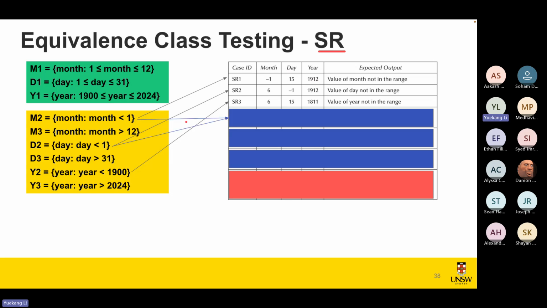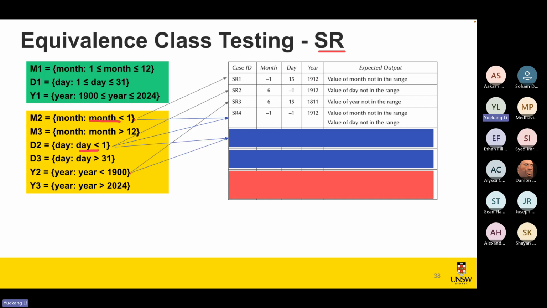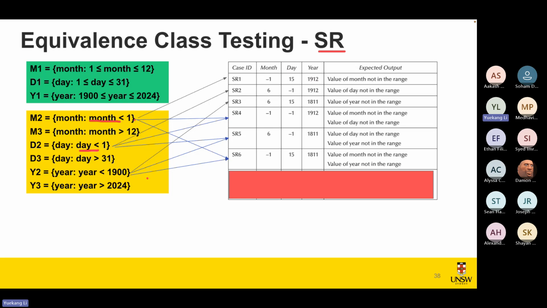We can combine months smaller than 1 and days smaller than 1 in the invalid equivalence class, and we can get this. And if we combine day and year, we can get this. And if we combine months and year, we can get this.